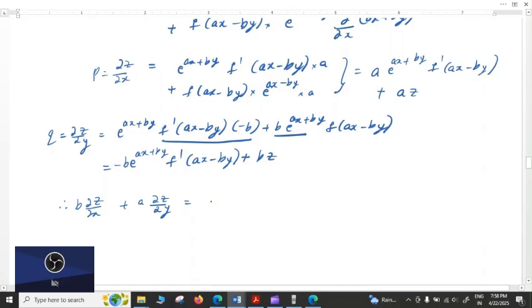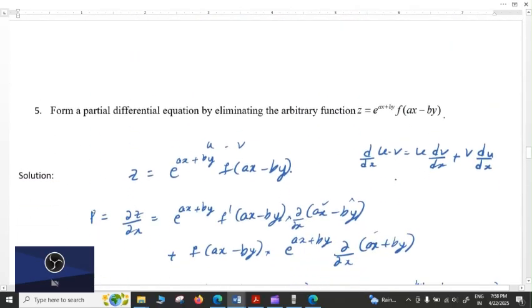You can easily identify that this is 2abz. So you can see this and this terms will get cancelled, and this will remain abz plus abz will remain, which is equal to 2abz, which is the required PDE. This is how we have to simplify the partial differential equation. We have eliminated the functions. This is the final answer.